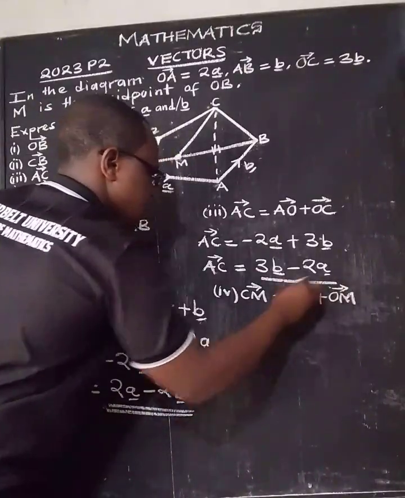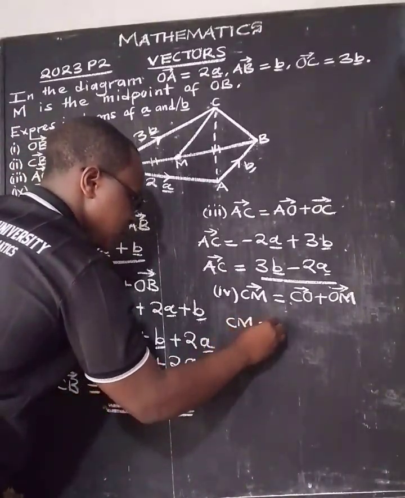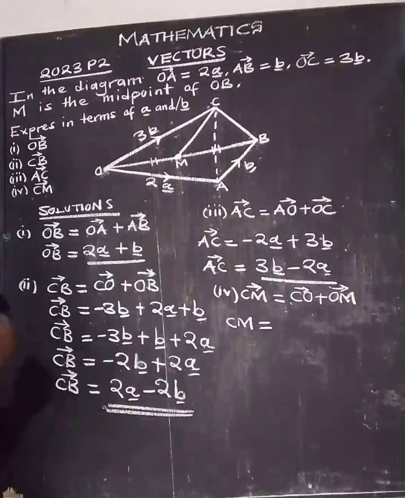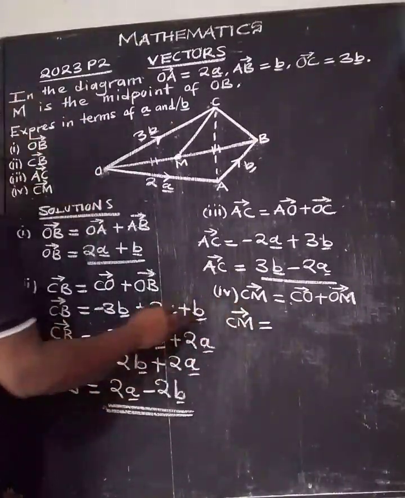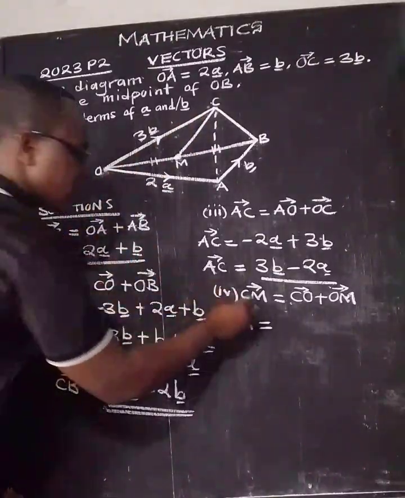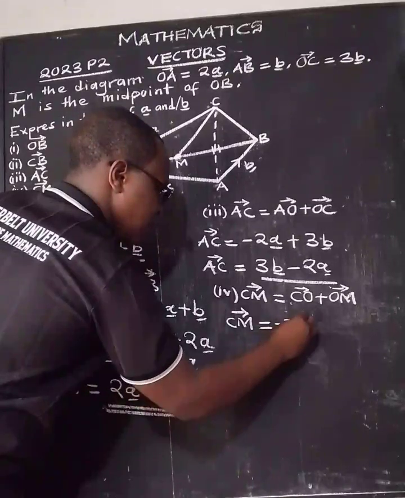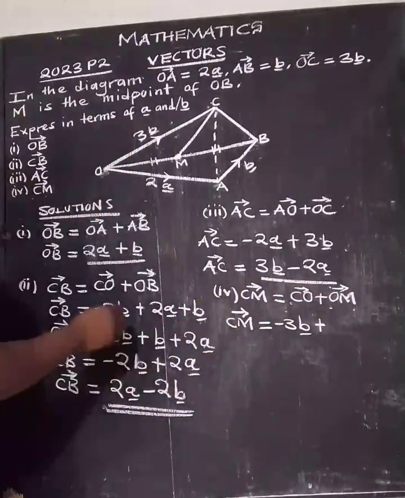Okay. So we can say now CM is equal to, what is our CO? CO, we are moving against the direction, so we're going to have negative 3 vector B plus OM.